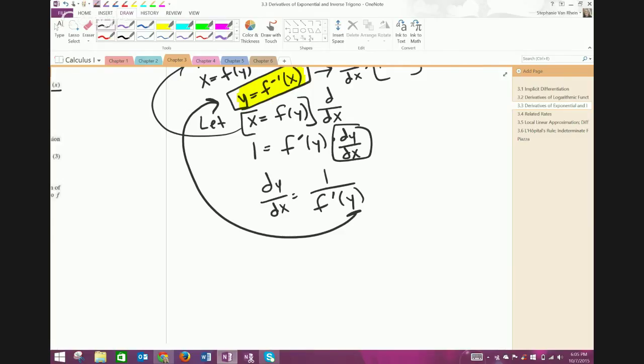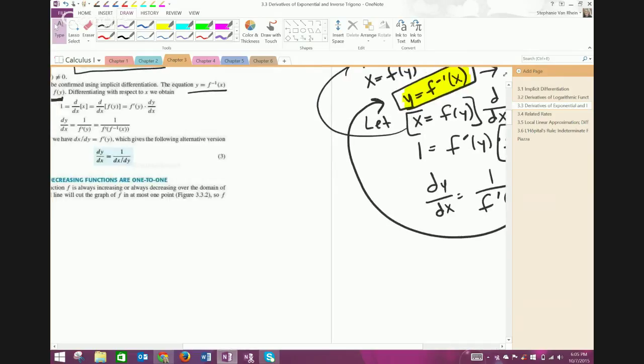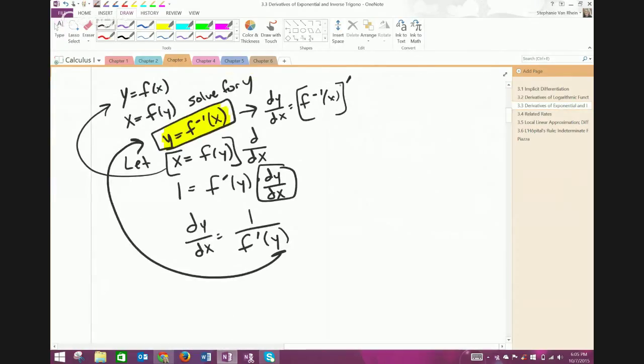Your book writes it as dx over dy, right? Since I'm taking the original function and I'm taking the derivative, I'm plugging in y.